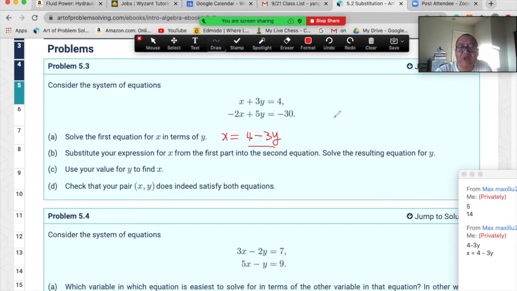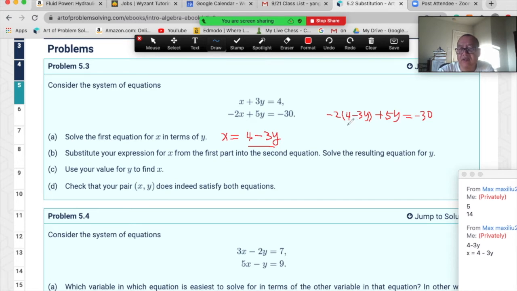So now let's do this. That will be negative 2 times 4 minus 3y, then plus 5y equals negative 30. Okay, so this equation is only related to one variable, y.